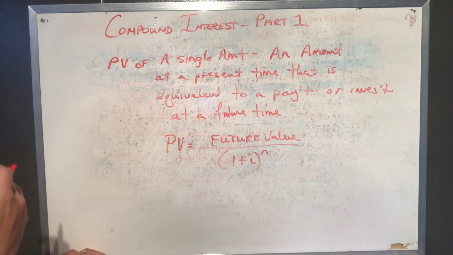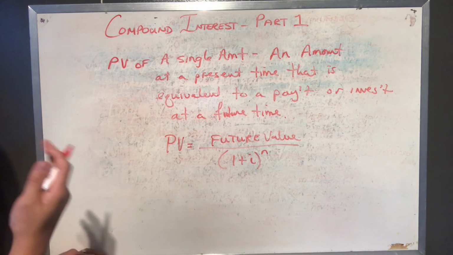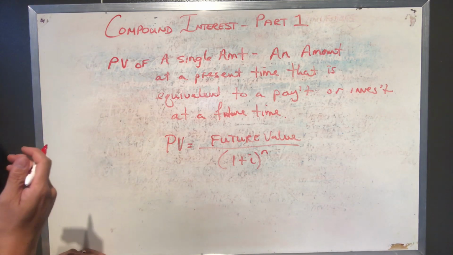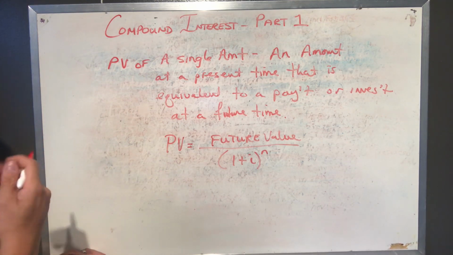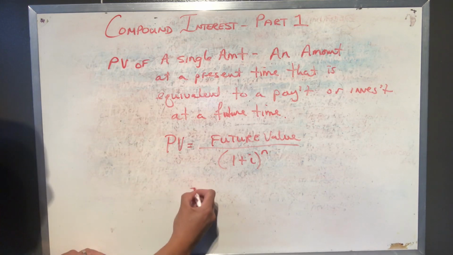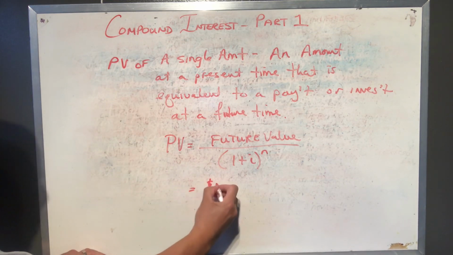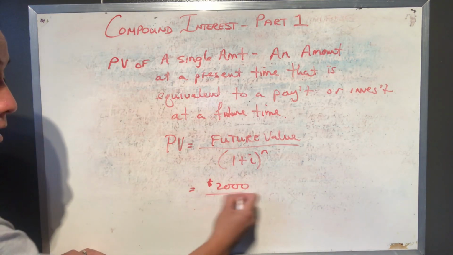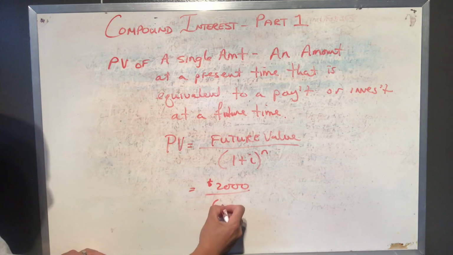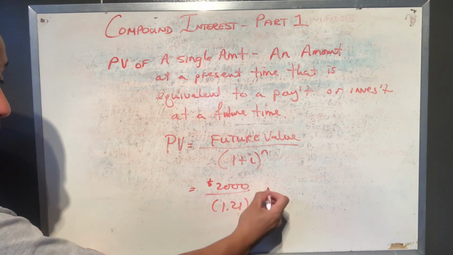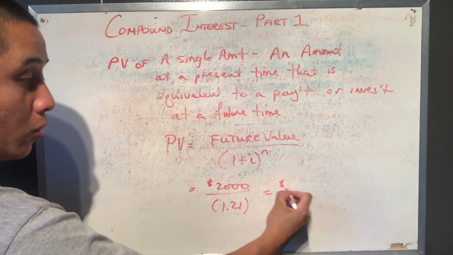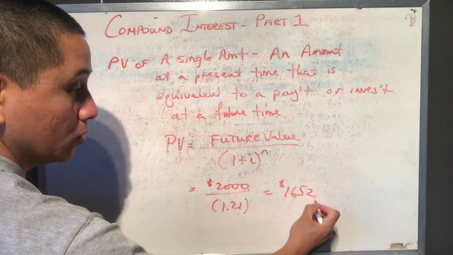So just taking the last example here, same thing, $2,000 notes payable that is going to be due in 2 years, compounded annually with 10%. We can put those figures in and we would have $2,000 all over 1.21, and that would give us 1,652.